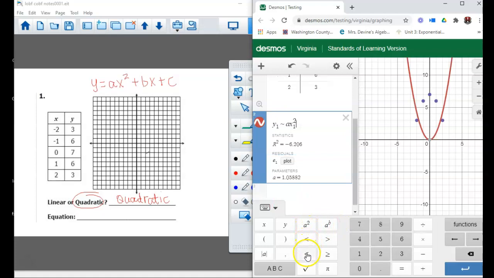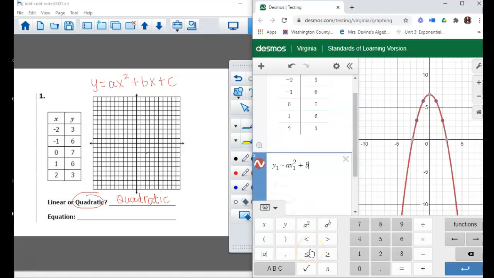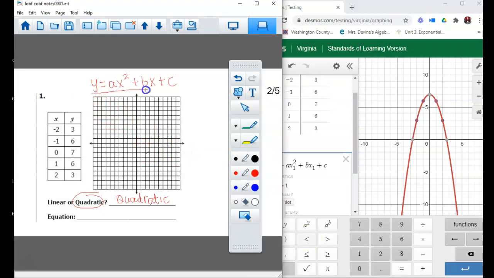So there's my ax squared plus bx1 plus c. So I'm typing in this exact equation, but I make the y a y1, I make the equal sign that squiggle, and the x's in this equation have to be x1s.